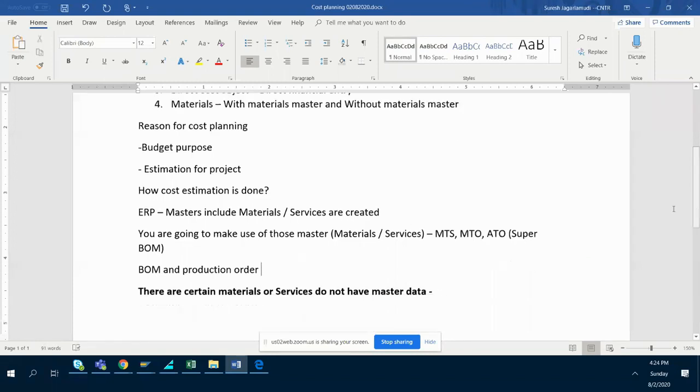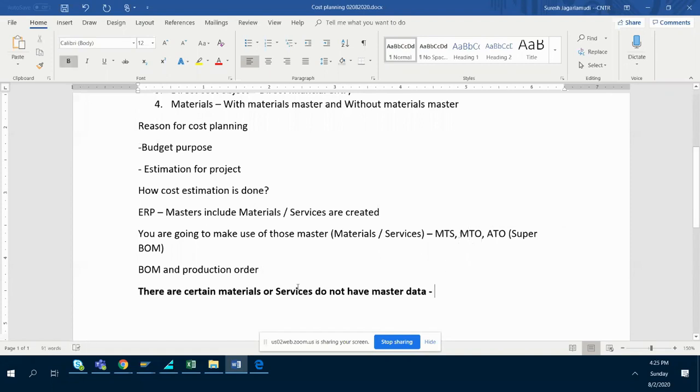Otherwise, go with what we said. Unless it is an aircraft or something which is going to take more than 3 months, you never go with the ETO process. If it is a long-term project, long-term process, yes, MTO with more time, then only you go with ETO. But otherwise, PS is not even useful here.